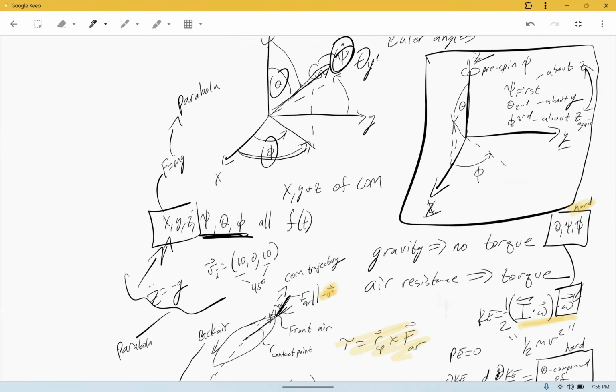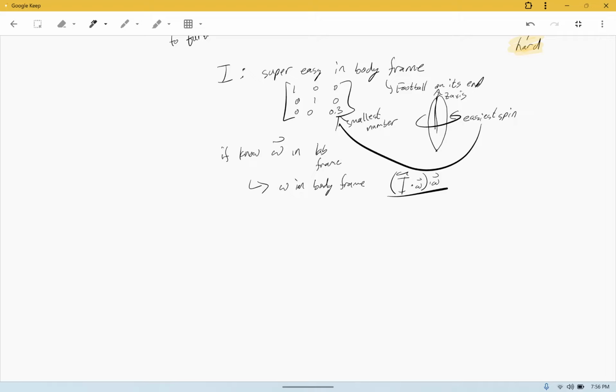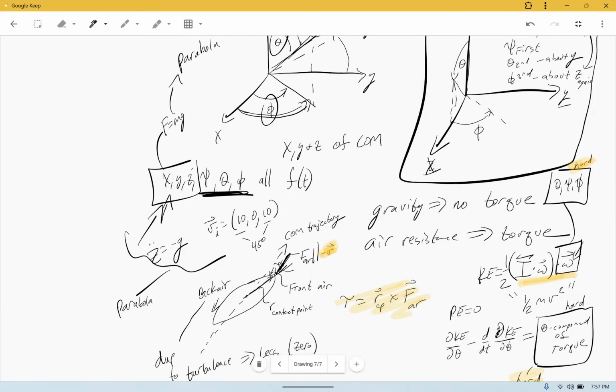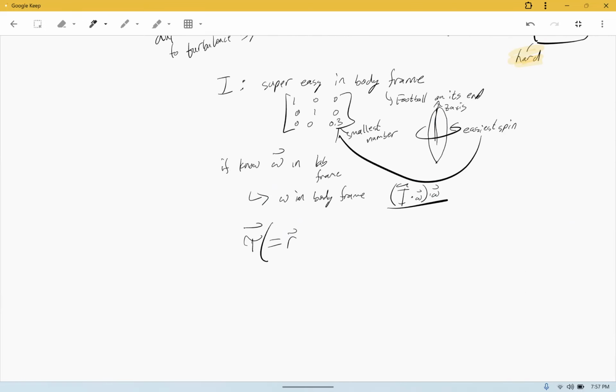If you know the torque, which remember is just R, call it something, contact point, cross F, which remember this is air resistance.